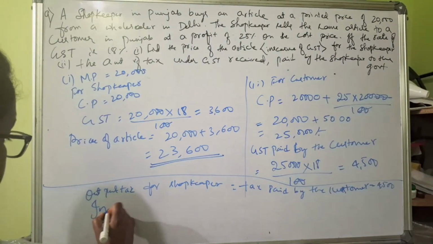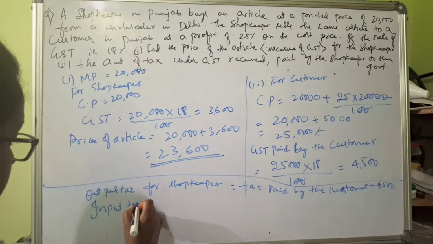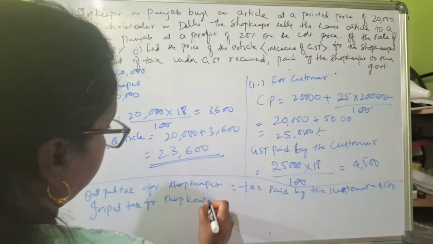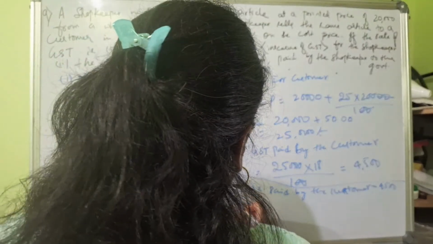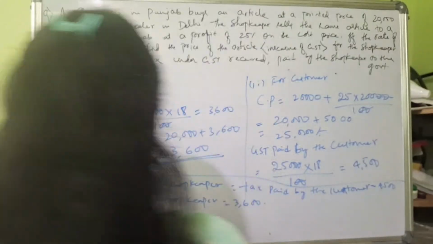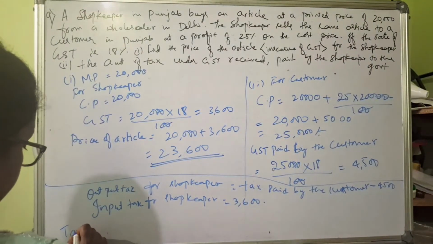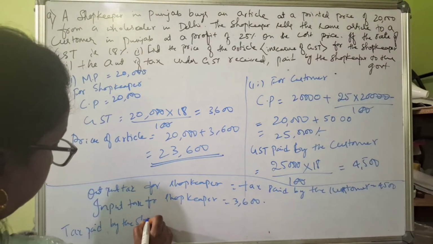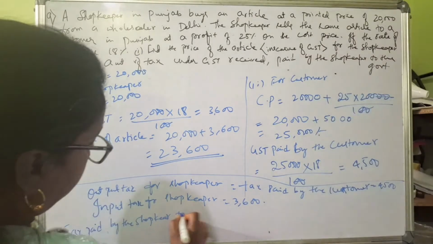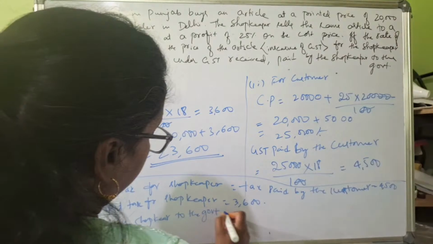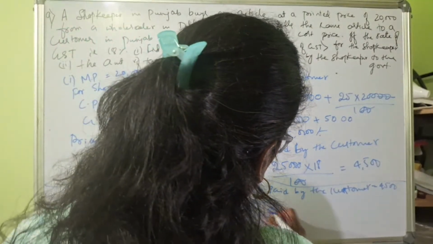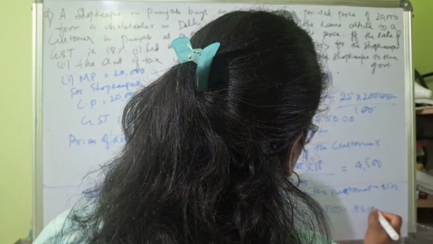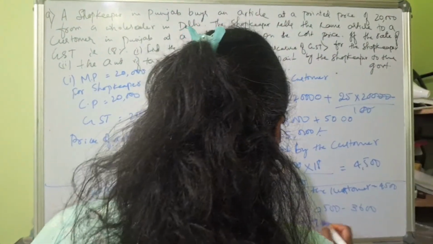So input tax for the shopkeeper is equal to this one, 3,600, and tax paid by the shopkeeper to the government is equal to output tax minus input tax, which is equal to 4,500 minus 3,600, which is equal to 900.